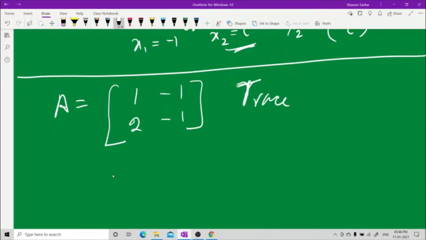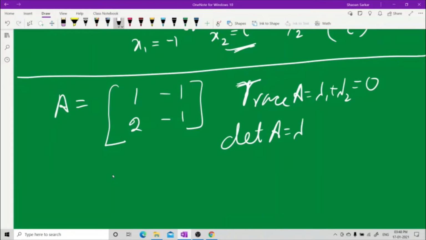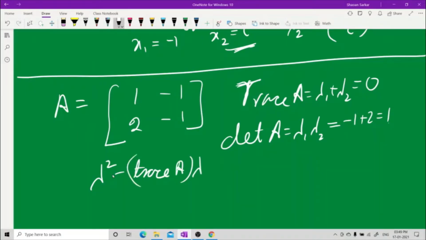Now here the trace of A is lambda 1 plus lambda 2, that is again 0, and the determinant of A is lambda 1 lambda 2, which is equal to minus 1 plus 2, that is plus 1. So again here the equation is lambda square minus trace A lambda plus determinant A is equal to 0.